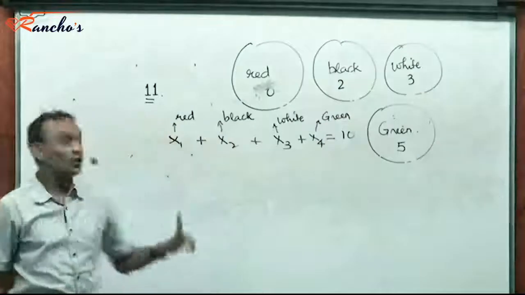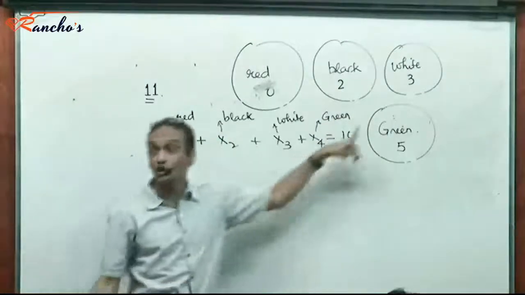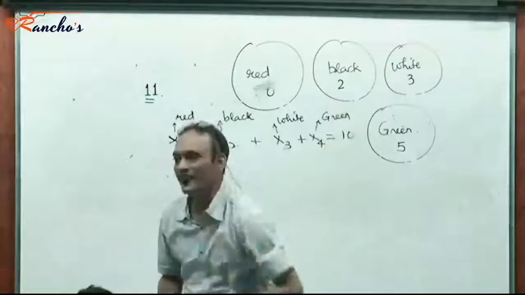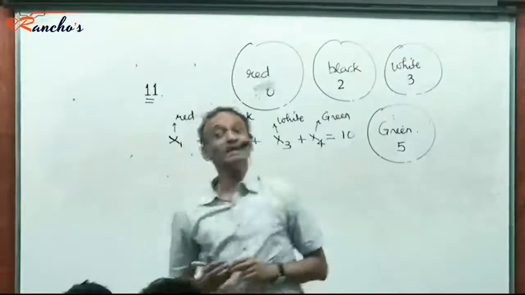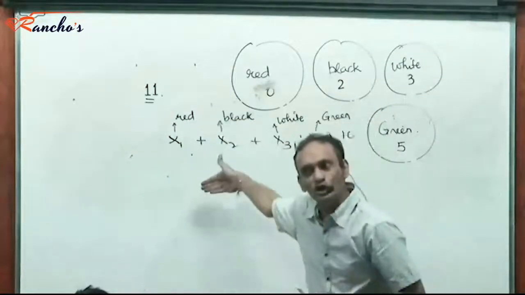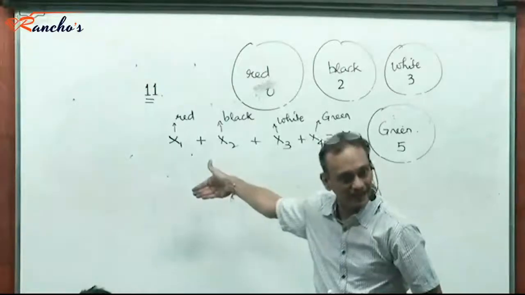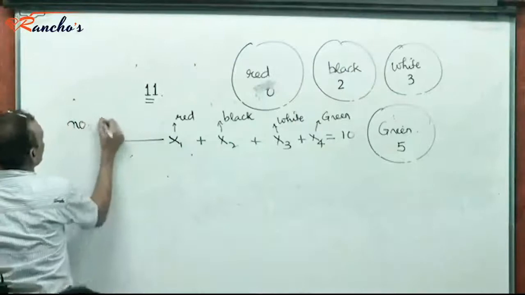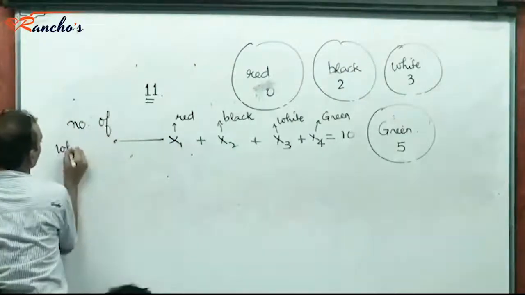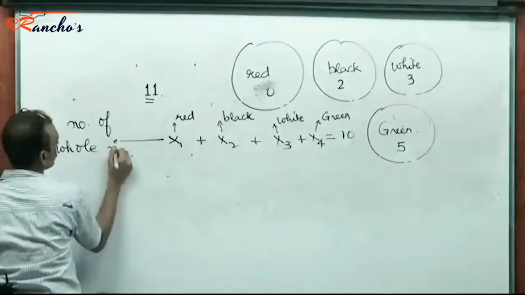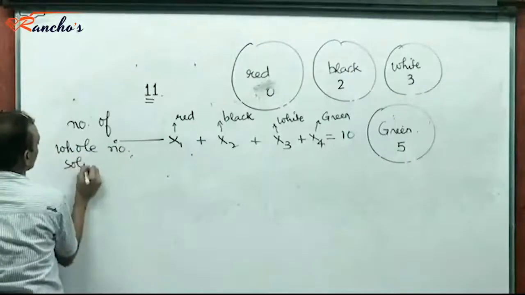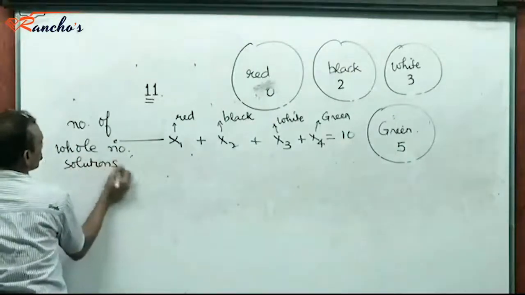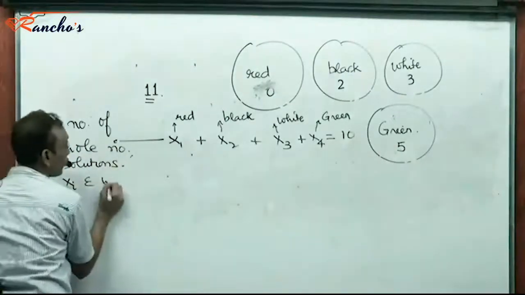So a whole number solution to this would be one mode of selection. The whole thing then is the number of whole number solutions to this equation is what I'm seeking, right? That is, xi's are all whole numbers.